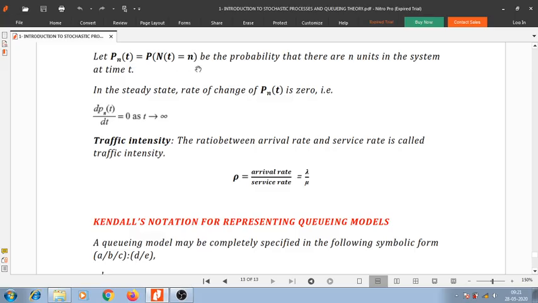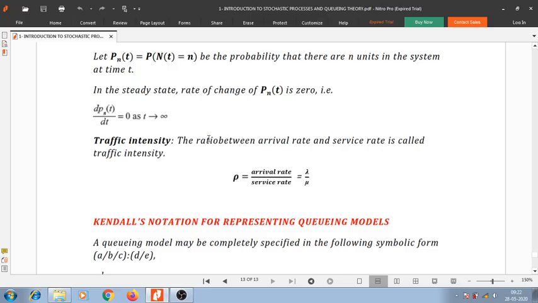Okay, the solution is independent of time, means d by dt of P_n(t) is equal to 0. In a steady state solution, this derivative of P_n(t) is 0, meaning independent of time. Okay, right.